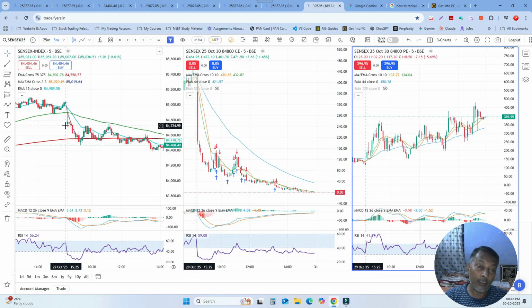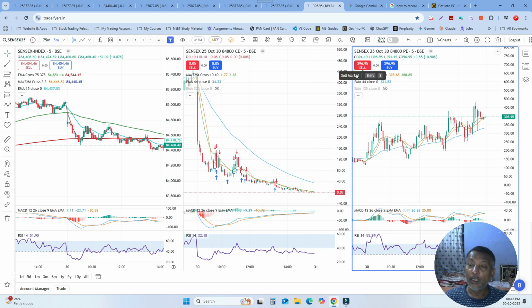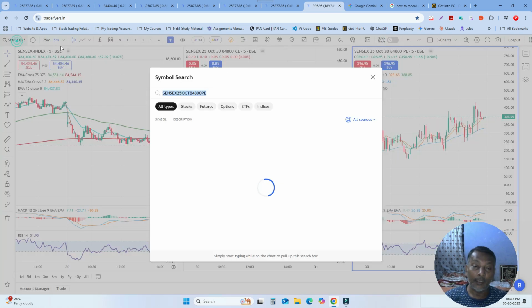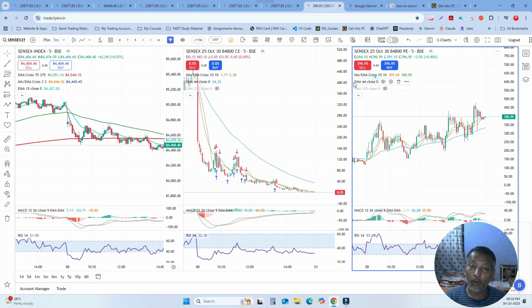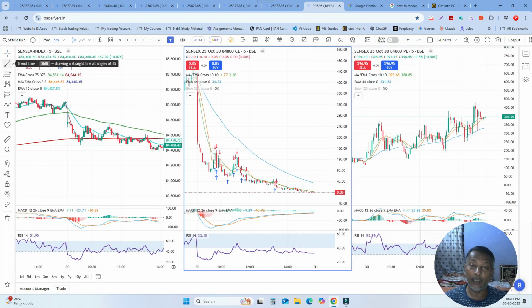Where did the market close previously? 85,036.51. Let us assume 85,000. We thought the market would go 600 points down, let's say 500 points down, so 85,000 minus 500 is the 84,500 put.